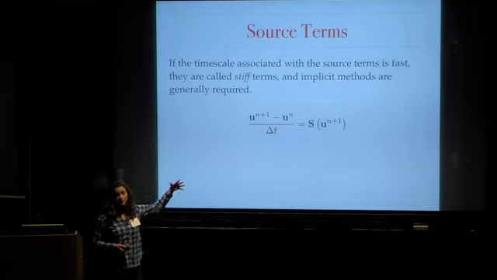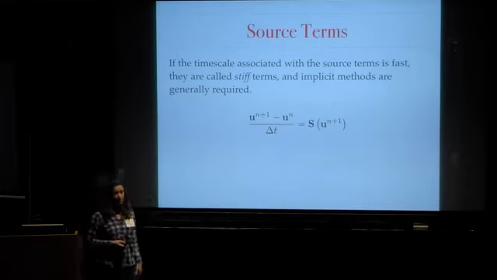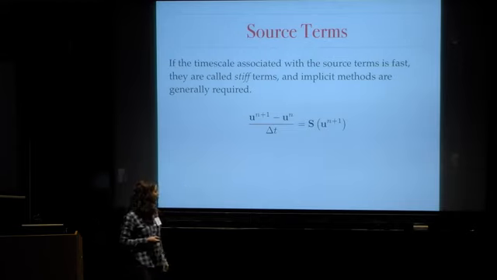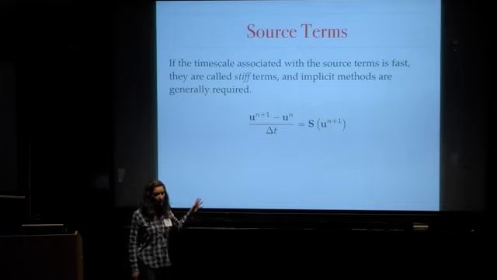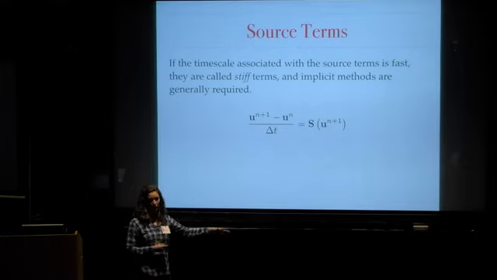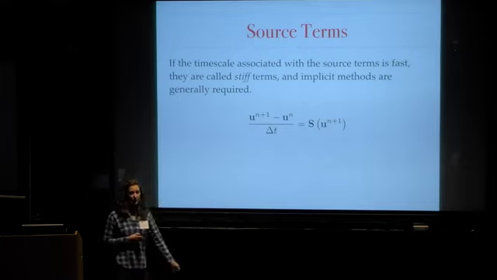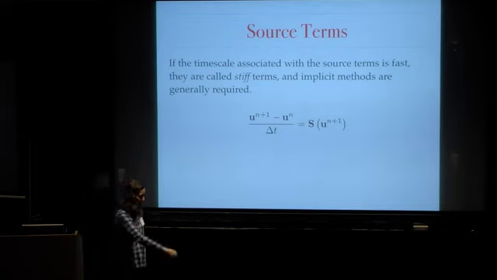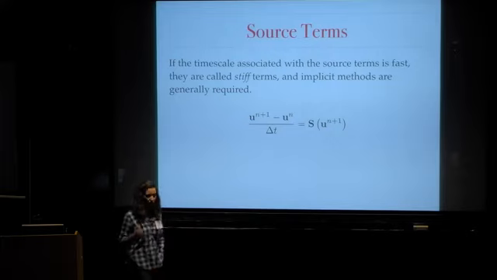Often, for example, if you're dealing with chemistry, this is something that people do: apply an implicit method for the source terms on top of this explicit update. And this is just a super short version of this.